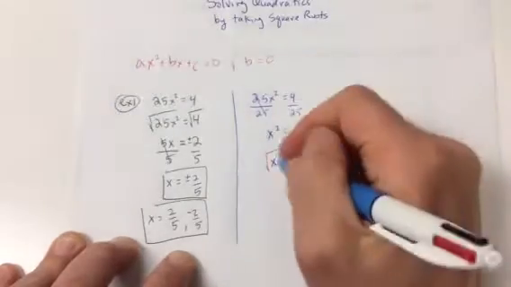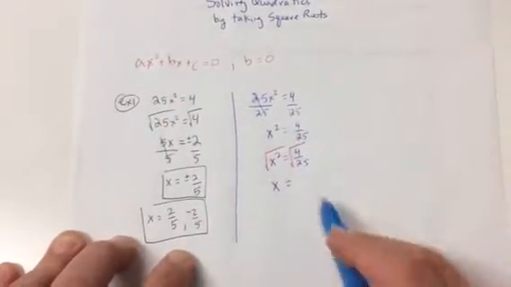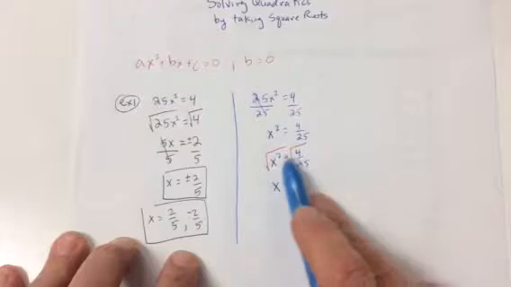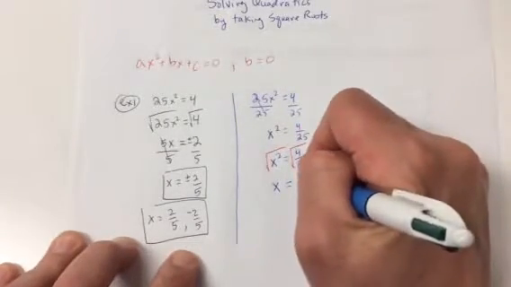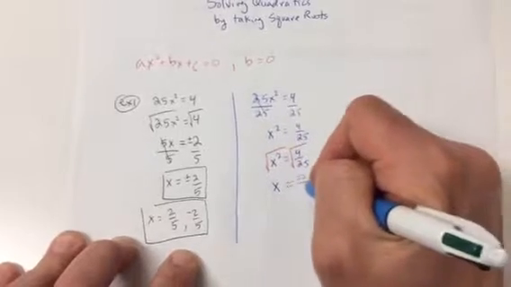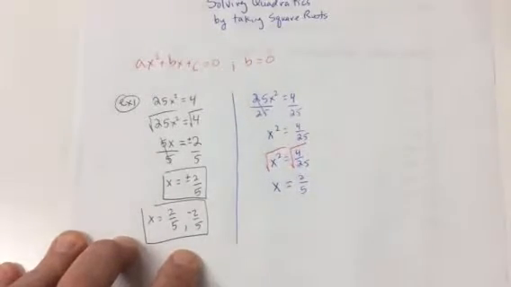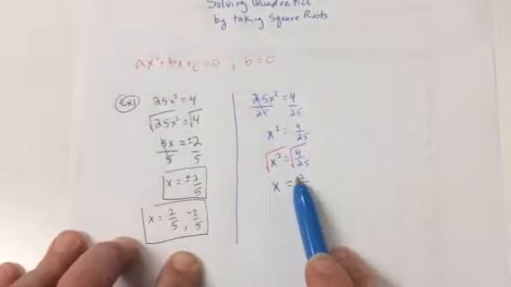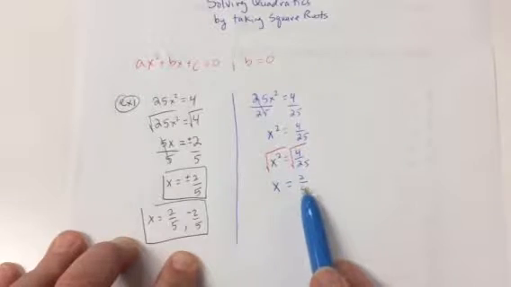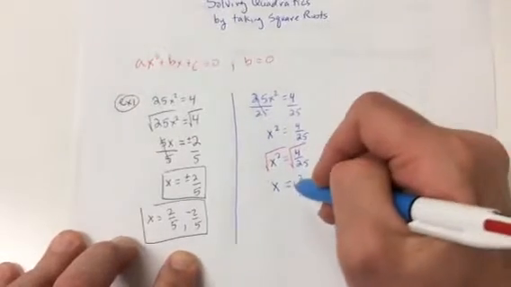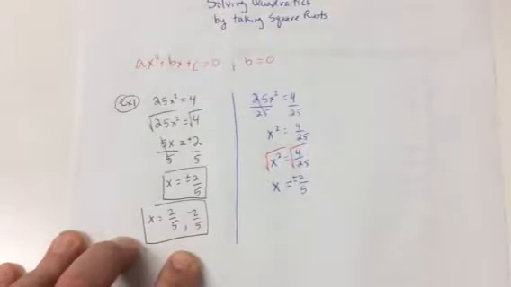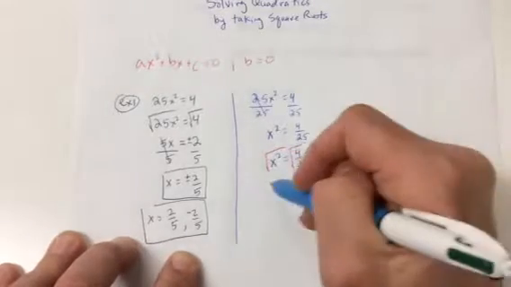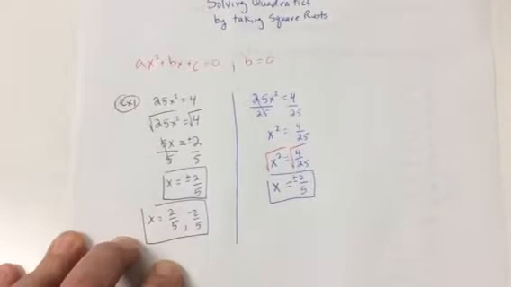The square root of x squared is x. The square root of 4 is 2. The square root of 25 is 5. And again, like before, and we'll talk more about this on Thursday when we simplify radicals, taking the square root means one's going to be positive and one's going to be negative. So either way, we get the same answer.